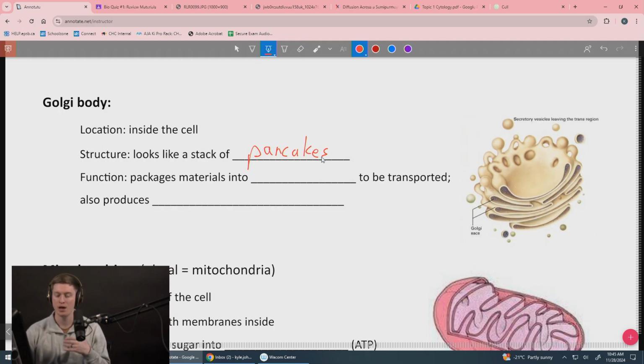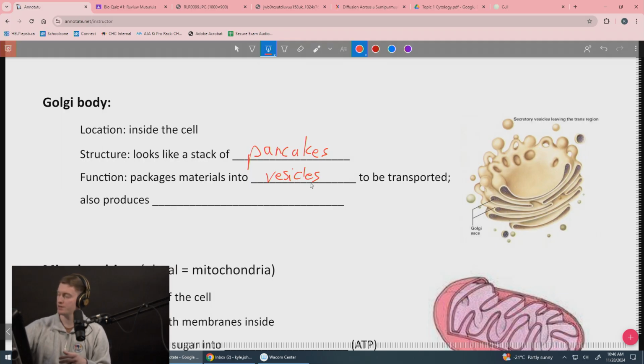It's going to package materials into vesicles. I don't know if I'm going to spell vesicles right. I think vesicles is like this. Or vacuoles. To be transported.